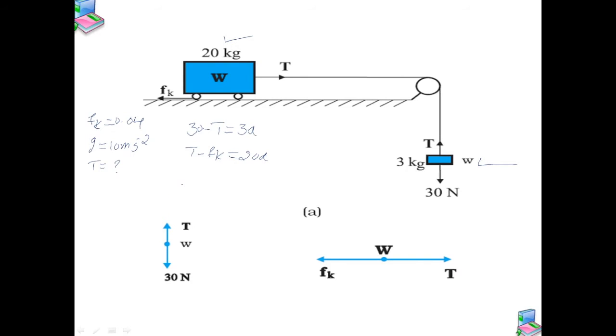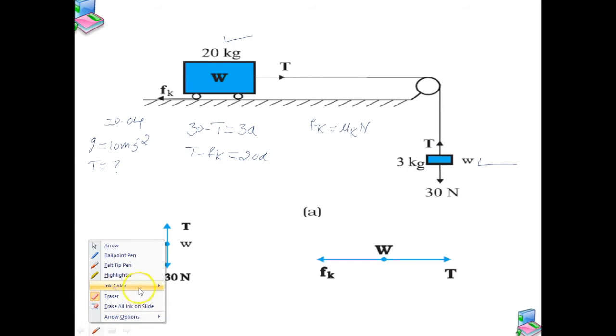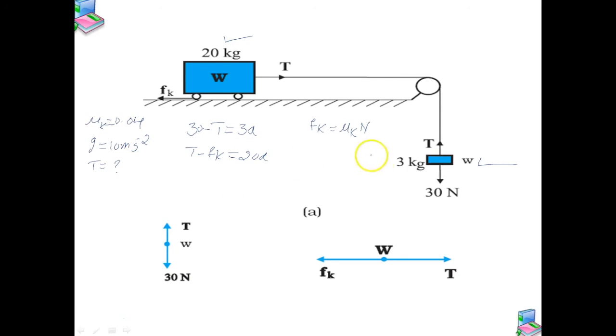Now we know Fk is equal to mu k into N, where mu k is 0.04, the constant coefficient value.